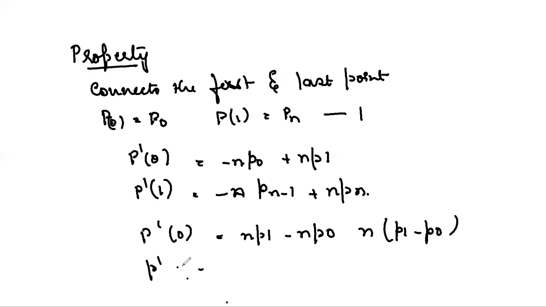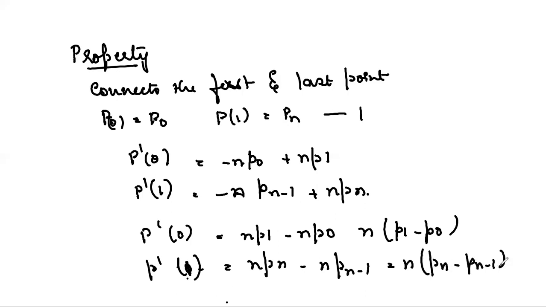So here P dash of 1 is equal to nPn minus nP(n minus 1), which becomes n of (Pn minus P(n minus 1)).